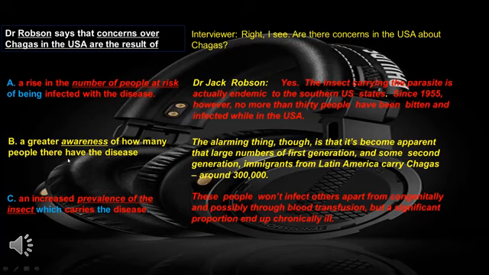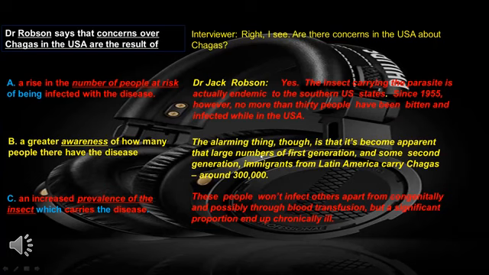Okay, let's go to the second answer: a greater awareness of how many people there have the disease. Here, the alarming thing, which means concern, is that it's become apparent that large numbers of first generation and some second generation immigrants from Latin America carry Chagas.